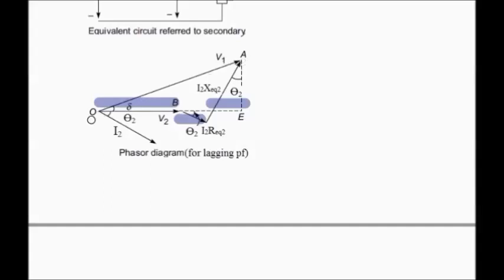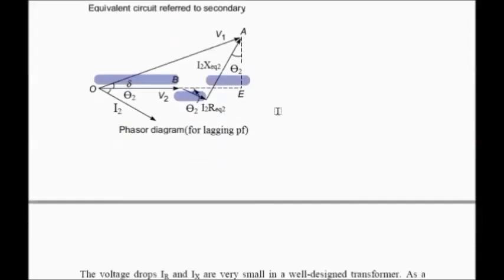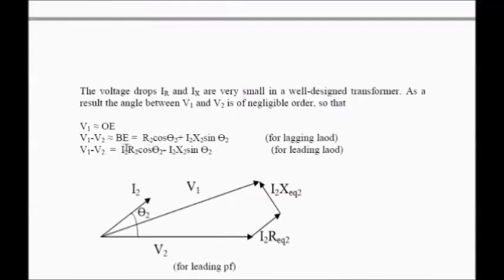So V1 minus V2 is nothing but V2 no load minus V2 full load, and that difference is BE. So BE is V1 minus V2, and that is equal to I2 R equivalent cos theta 2 plus I2 X equivalent sin theta 2. So this is the difference V1 minus V2 for lagging load.